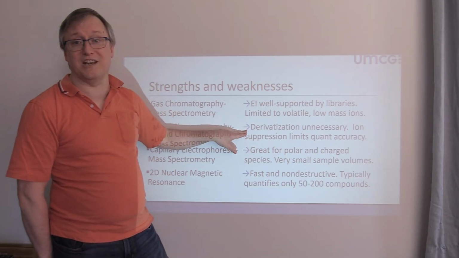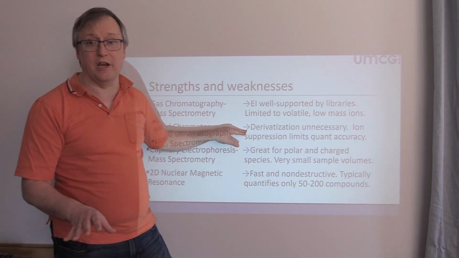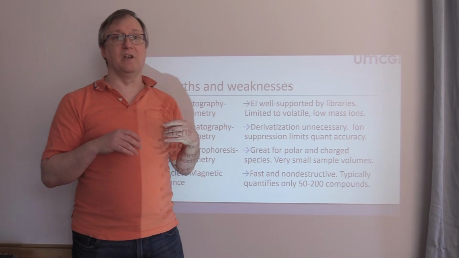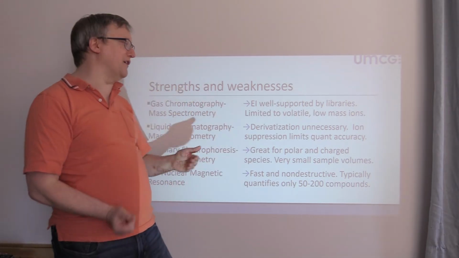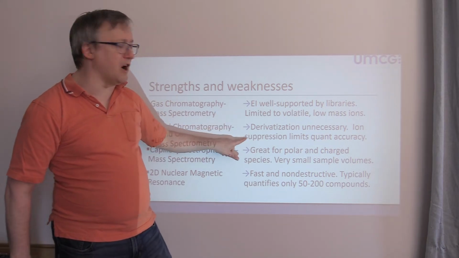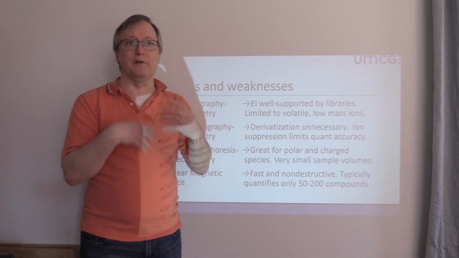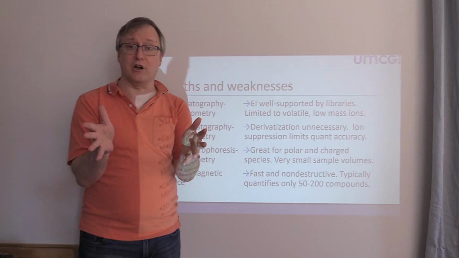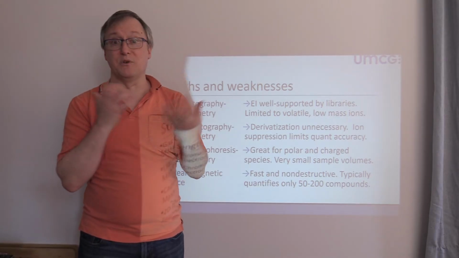So the derivatization that's necessary for a lot of GC work is not really necessary here. Typically, the samples in a physiological environment can be introduced to the liquid chromatography environment without a lot of extra work. But there are some problems when it comes time to quantify, because all the different molecules that are coming out of chromatography are competing for which of them is going to ionize most successfully.